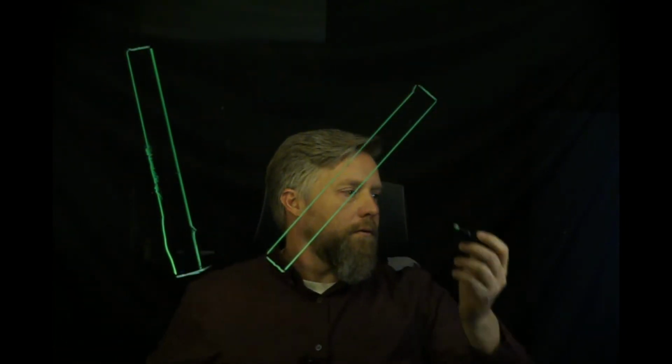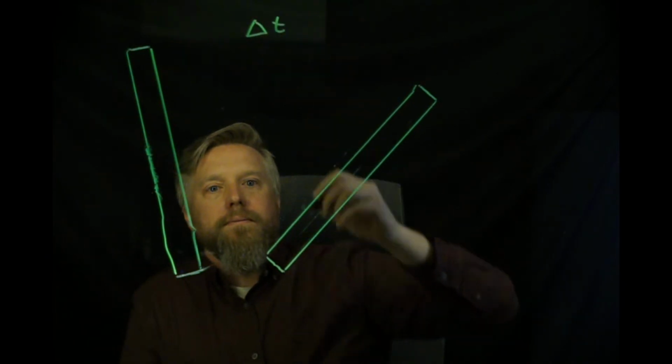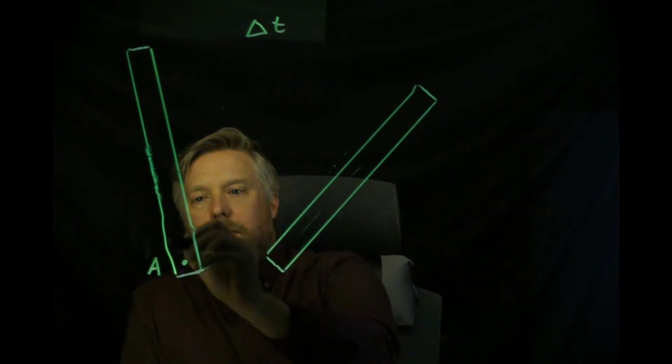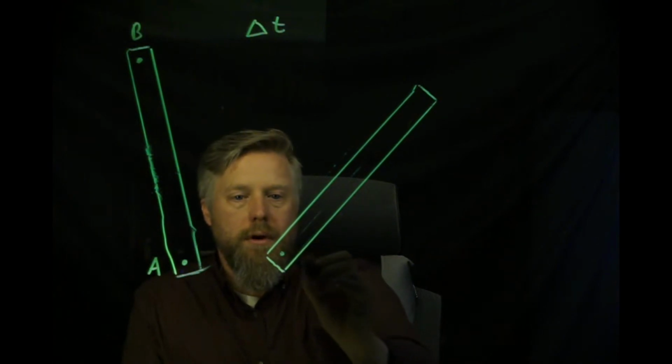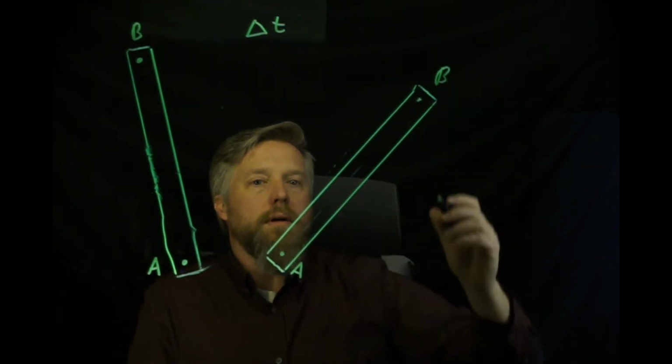And for that change, we have a certain time. We'll just call it delta t. And now I want to label the ends. I'm going to call this end A, and I'm going to call this end over here B. And A and B are still part of this ruler. We got A over here. We got B over here.